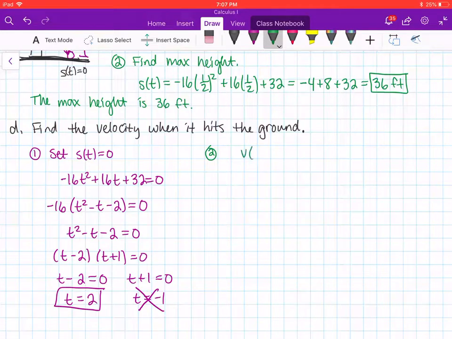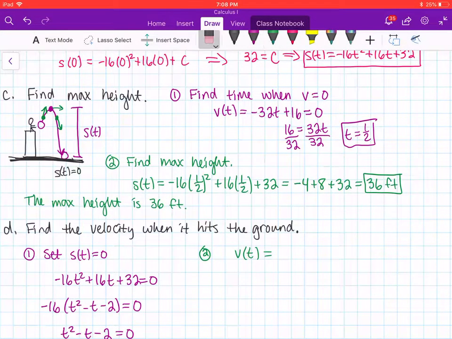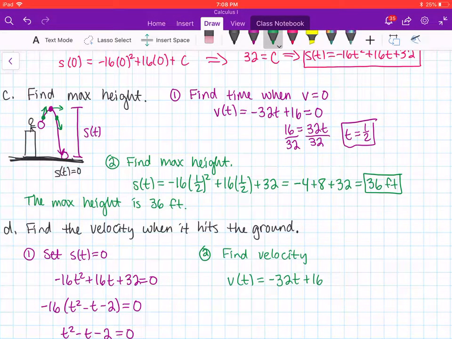So we need to substitute into the velocity function here. I guess I should say find velocity. Remember, our velocity function was negative 32t plus 16.